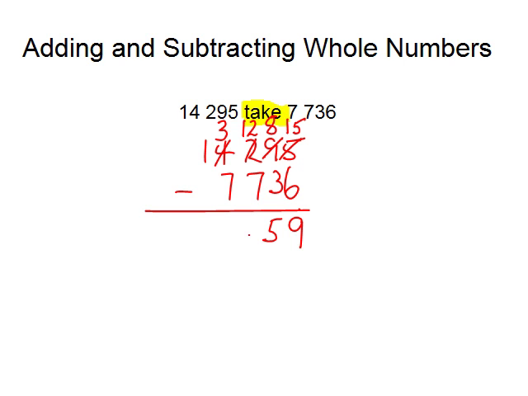So it's now 12 take 7 is 5. 3 take 7 you can't do, so we're going to borrow 1 from here, which leaves 0, and we're going to pay that back as 10 plus the 3 that's already there is 13. 13 take 7 must be 6. So our answer is 6,559.